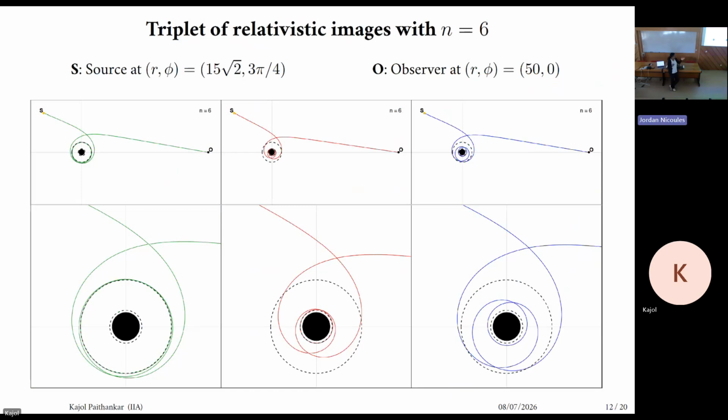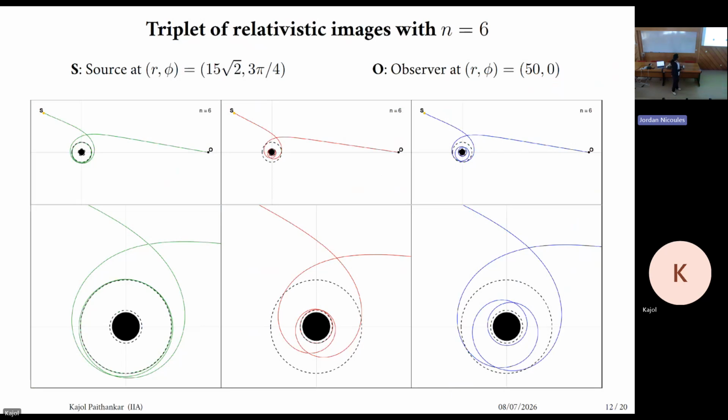This is how I divided the total number n into 2 parts: how much it covers outside the outer dash line and inside it. Here, for total n equal to 6, all of them are covered outside. Here all n equal to 6 are covered inside, and here 1 is covered outside and the rest are covered inside. That's how I categorized them in 3 different ways. I'll call them green, red and blue trajectories from here onwards.